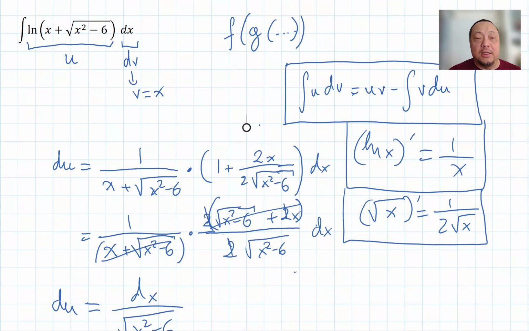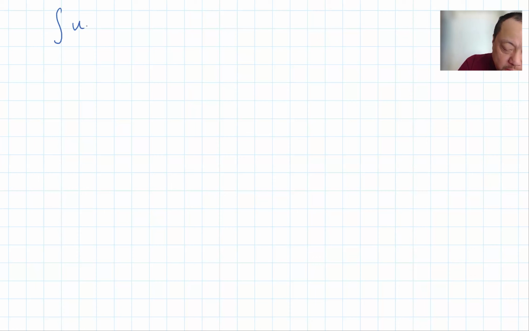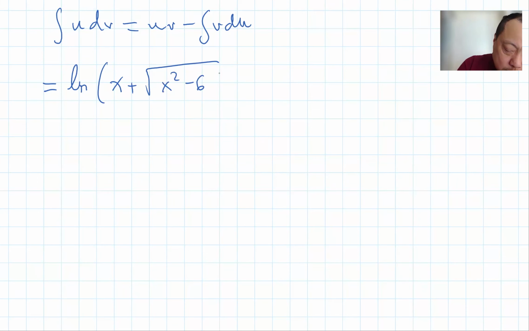u, v, du, dv. I have everything to apply the formula for integration by parts, so I'll go ahead and do that. The formula for integration by parts again. I have all my elements, so I put everything in. u is the ln times v is x.